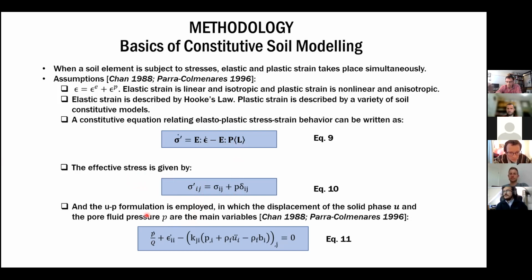And we use the u-p formulation, in which the displacement of the solid phase u and the pore fluid pressure p are the main variables. This equation here combines different equations that describe the fluid-solid motion, the fluid-solid mass conservation, and Darcy's law of flow through porous medium. This, along with proper boundary and initial conditions, yields a strong formulation, which can be worked into a weak formulation for a finite element implementation.